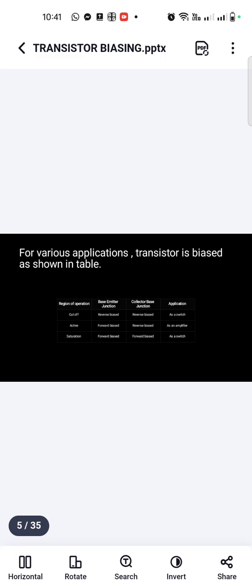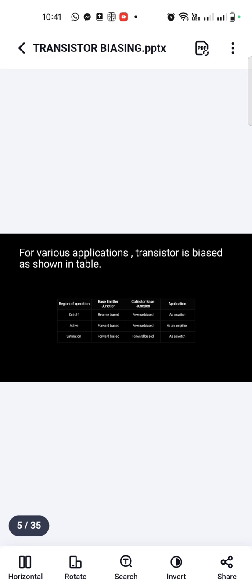Here we have taken a common emitter amplifier. The input is base emitter and the output is taken from the collector base junction. So if the emitter base junction is reverse biased and the output is reverse biased, that is both are reverse biased, the transistor is operated in cutoff region. So where do we apply these types of conditions? Switch.